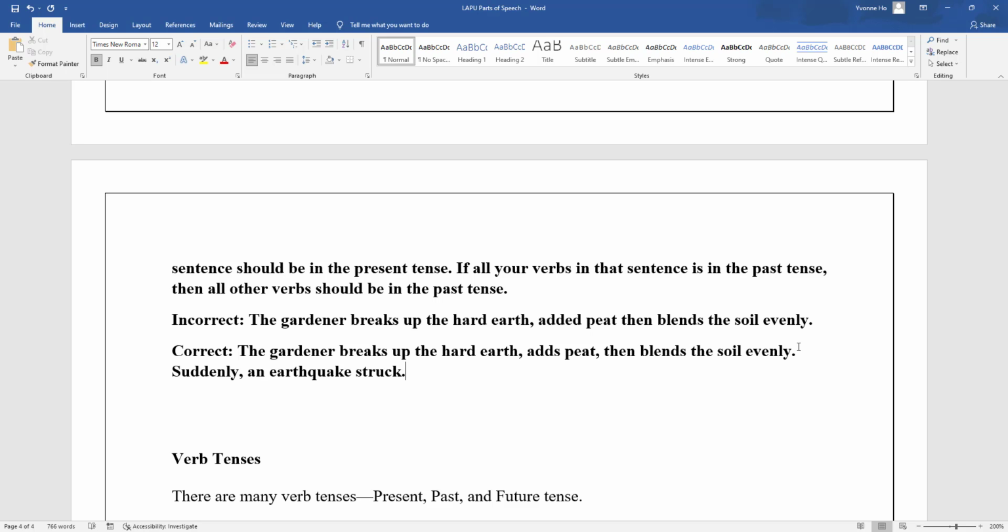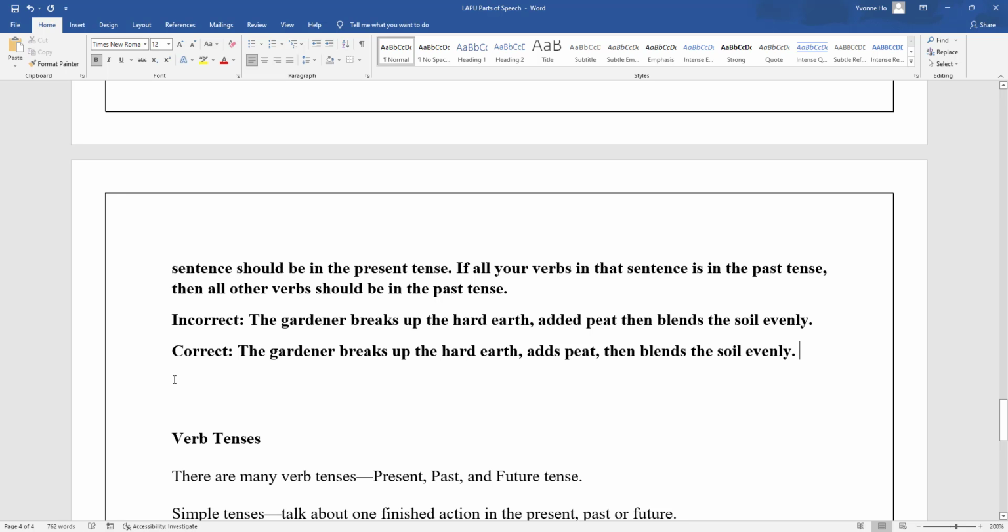Then you can change your tenses. But for the most part, we use the same tense throughout the sentence.